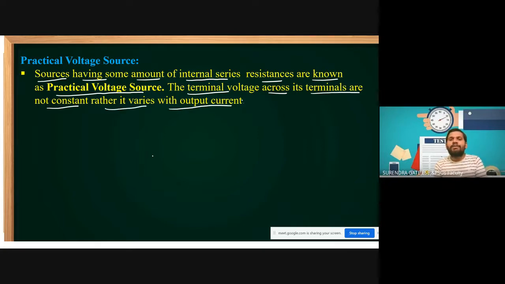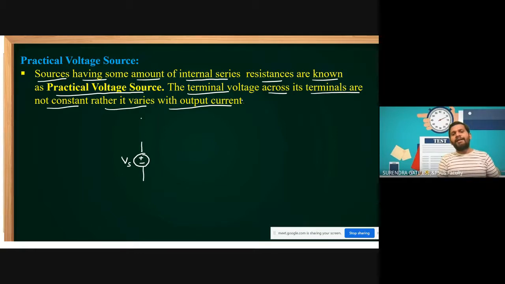If the current in the circuit changes, the terminal voltage also changes, then it is treated as a practical voltage source. That's why a practical voltage source has some internal resistance.